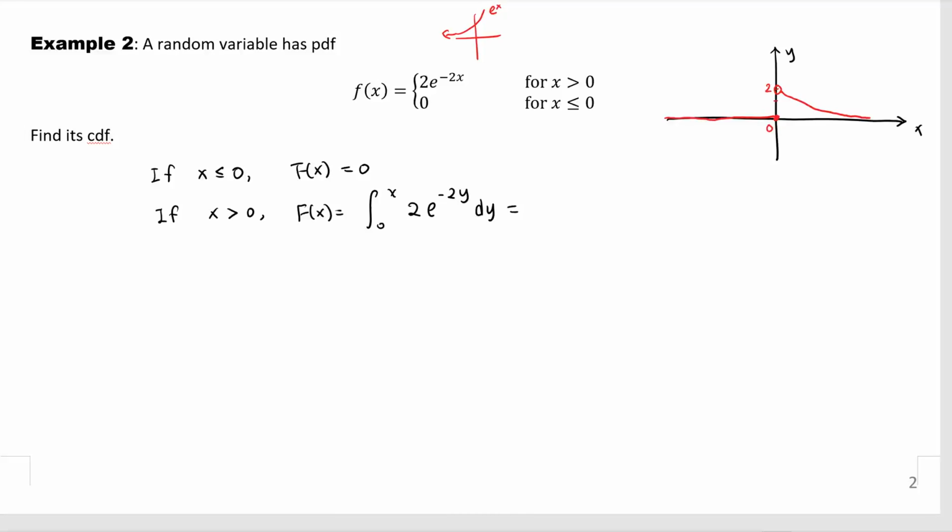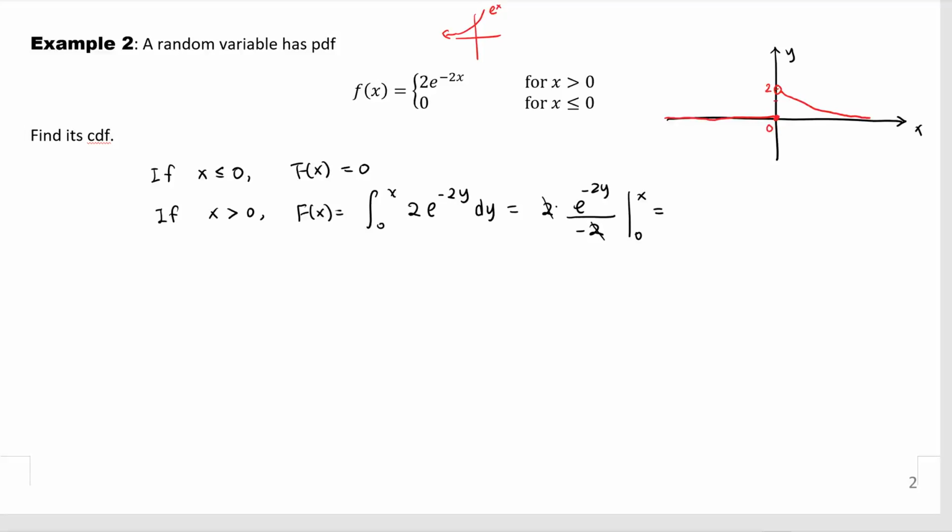Do you remember the integral of e to the minus 2y? You have e to the minus 2y, and then you divide by negative 2. When you differentiate, you multiply by negative 2. When you integrate, you divide by negative 2. So evaluate from 0 to x.